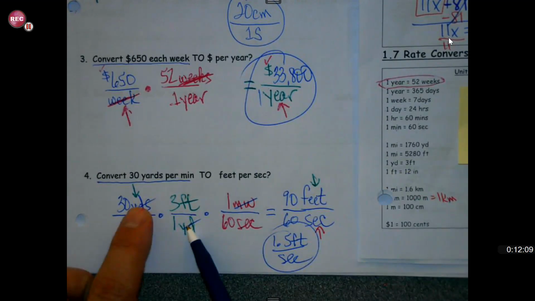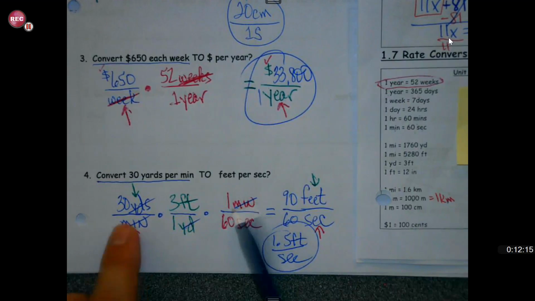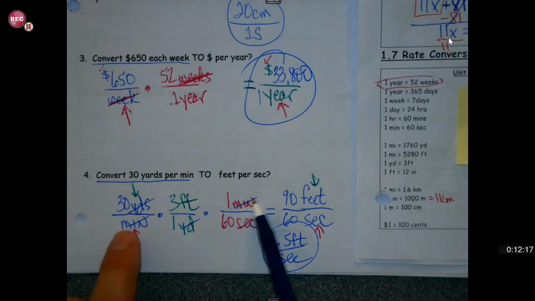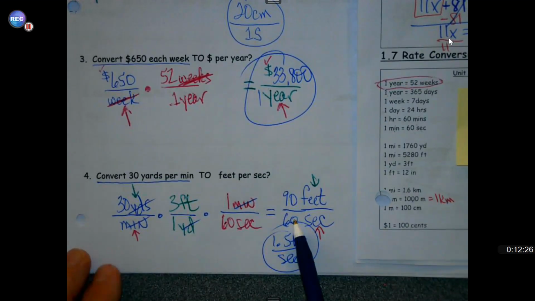Yards are gone. Minutes to seconds, there's 60 seconds in a minute. Again, 1 minute on the top, 1 on the bottom so they can cancel. And then we're just multiplying across. 30 times 3 is 90. 1 times 1 times 60 is 60.